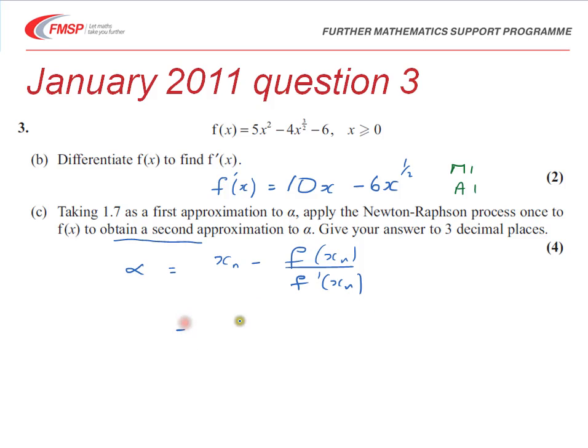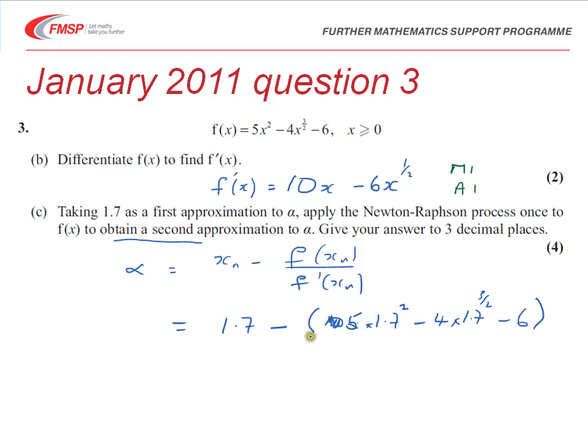So substituting the values then, this is 1.7, and then minus, I would always put a bracket round these things. The top line is the function, so it's 5 multiplied by 1.7 squared minus 4 multiplied by 1.7 to the power 3 over 2 minus 6.